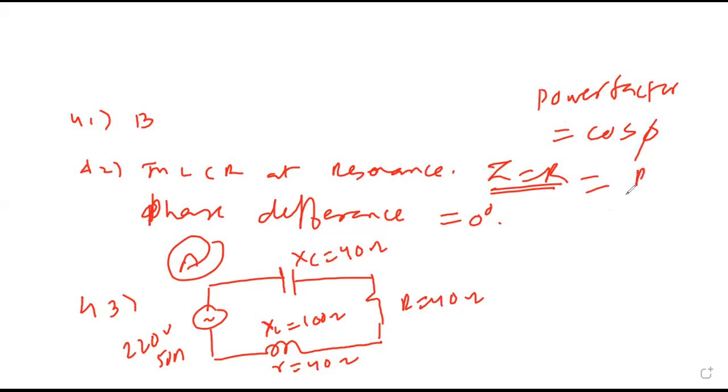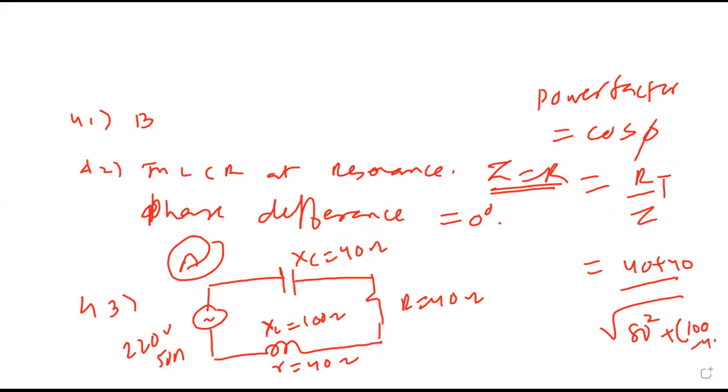Cos phi means R by Z. Here R total is 40 plus 40, so Z will become root of 80 square plus the difference of XC and XL, 100 minus 40, square. That will become 80 upon root of 80 square plus 60 square, which is 80 upon 100, equal to 0.8. Option C.